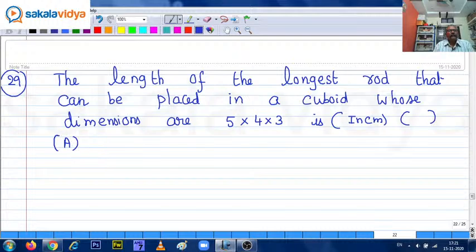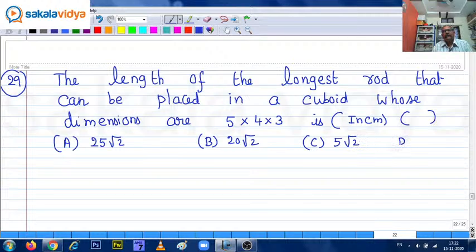A: 25 root 2, B: 20 root 2, C: 5 root 2, D: 10 root 2.